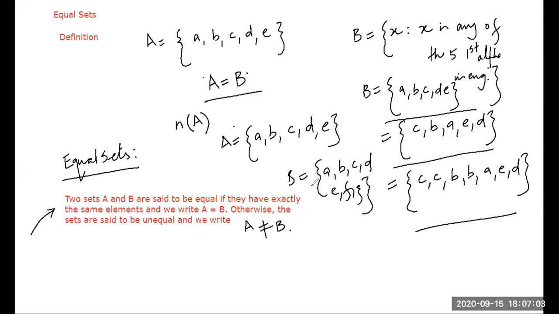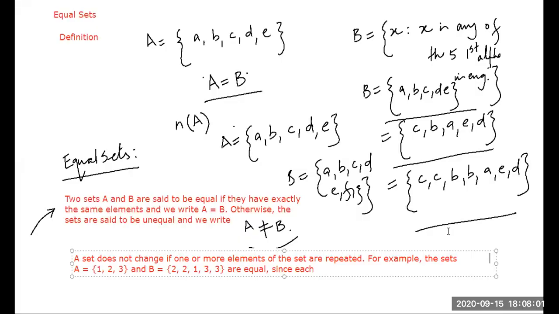Very good. So we have seen some deviations: in A, B, C, D, E, I can change the order, I can repeat the elements, and still A is equal to B, right? This is also the reason generally that we don't repeat the elements. Yes, a set does not change if one or more elements of the set are repeated.